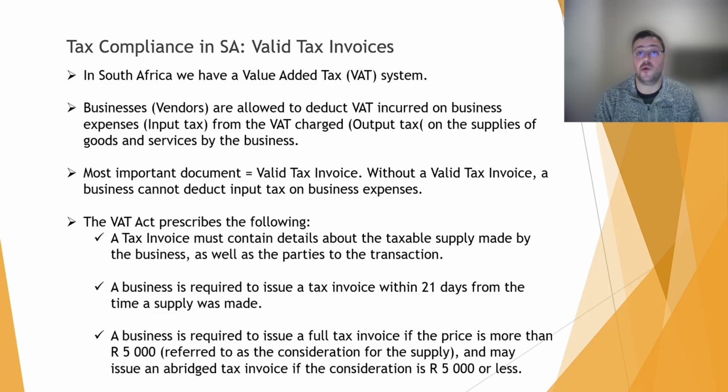A business is also required to issue a tax invoice if the price, referred to as the consideration for a supply, is more than 5,000 Rand, and may then issue an abridged tax invoice if the consideration is less than 5,000 Rand. So what is important to see here is that there is a distinction between a supply that is more than 5,000 Rand and a supply that is less than 5,000 Rand.